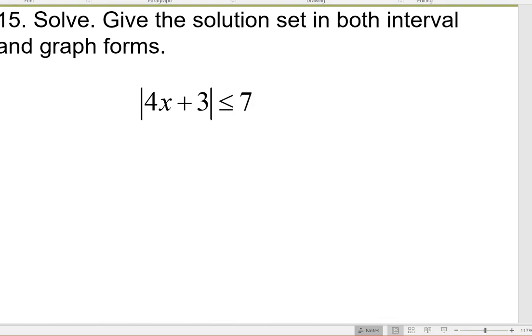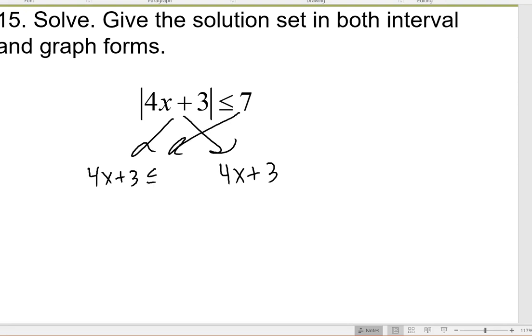Solving absolute values. We split them. The 4x plus 3 stays the same. Please do not change that. The 7, one side stays the same, and the other side is opposite. The one that is opposite means the inequality also becomes opposite.